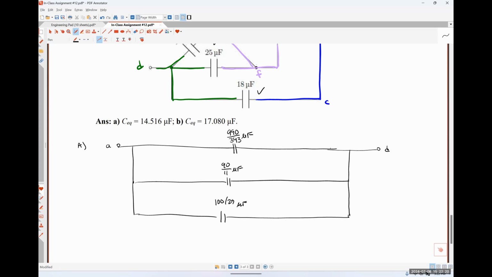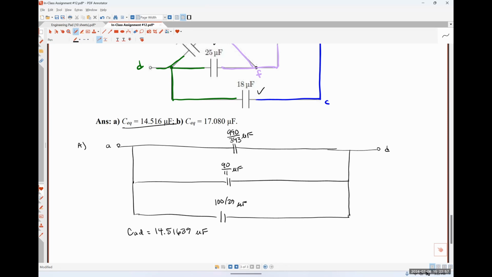Now I just have those three capacitances in parallel. And so to find the capacitance between A and D, I'm just going to add those together. So 990/343 plus 90/11 plus 100/29 gives me 14.51639 and some change microfarads, which seems to agree with our results.